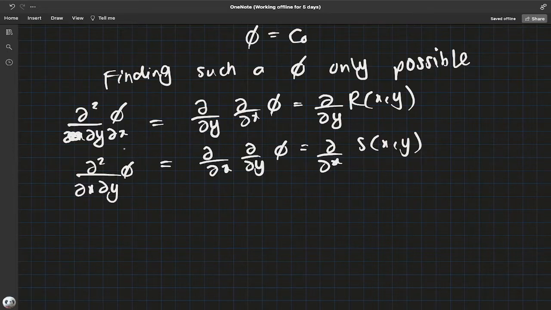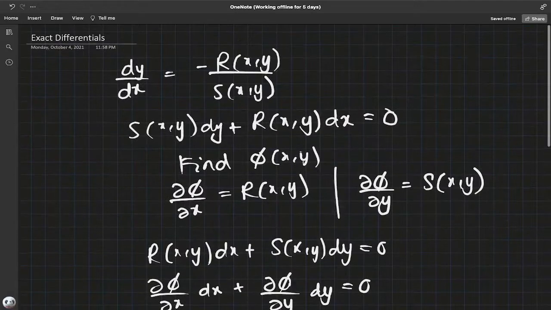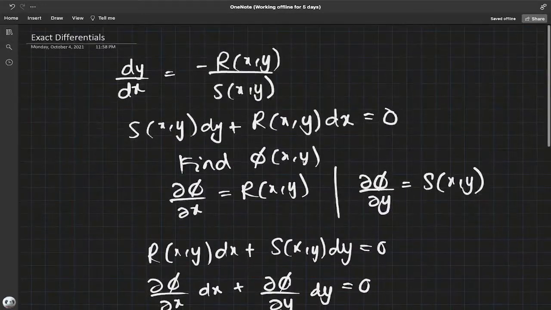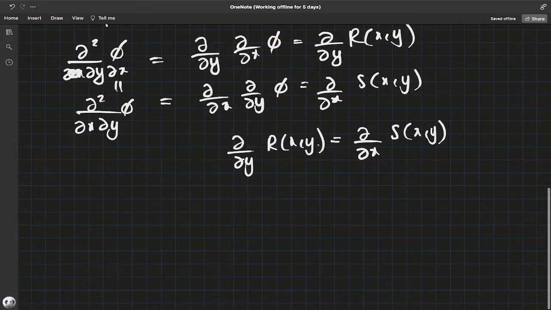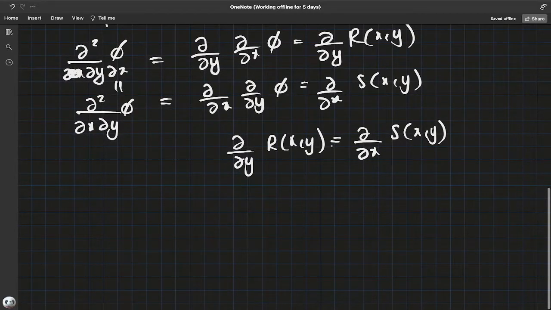And then we know by Clairaut's theorem that if phi is a well-behaved function, then these guys are equal, which means we want this equal to that. And since these are provided by the differential equation, we can just check by looking at a differential equation of this form whether this condition is satisfied, because if it is satisfied we can use this method, because then we can find such a phi, otherwise we can't.